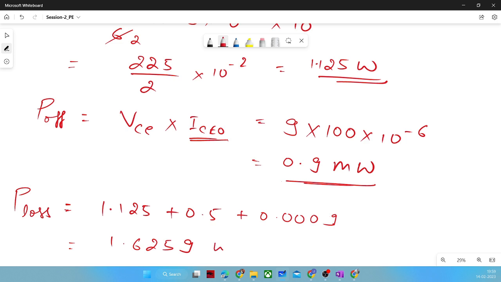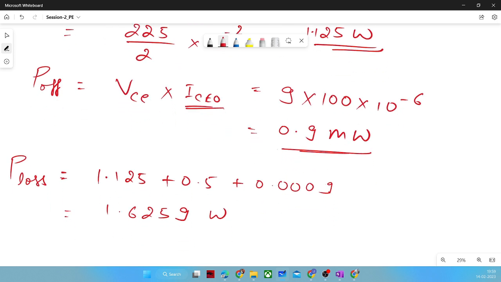So it is your total losses, and your answer is in the range of 1.5 to 1.9. So it will perfectly fall in the range, and this will be your answer. Even if you would have forgot to include this loss, your answer would have fallen in that range. But it was just there to give you an idea of how significant this kind of loss is.